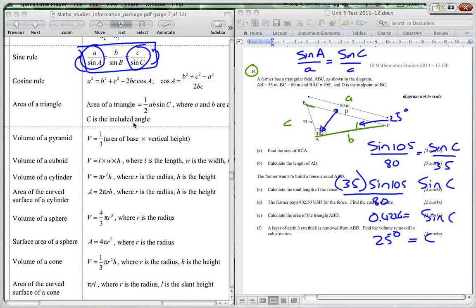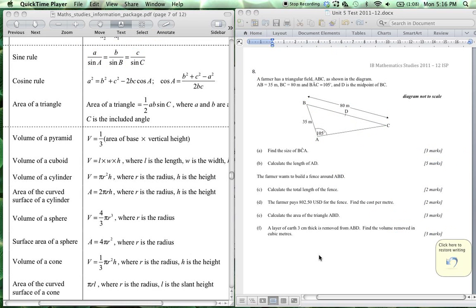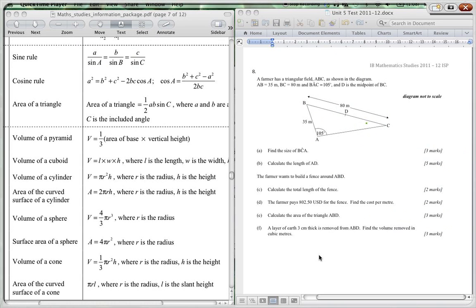Then it says we want to calculate the length of AD. So let me just clean this all up. This is 25 degrees there. I want to find that length AD. Because I know this value over here, it's useful to know that value over there.